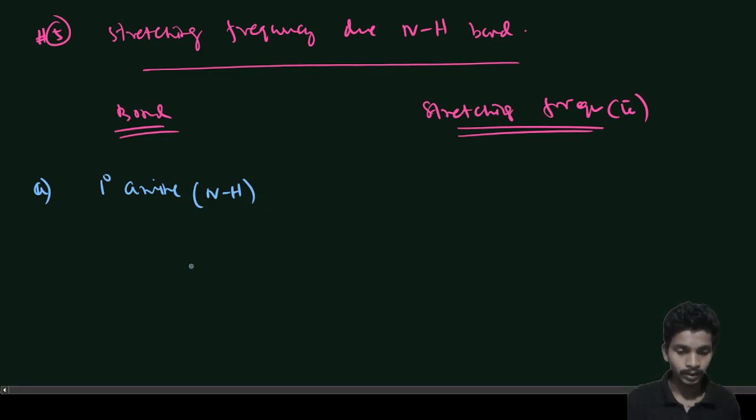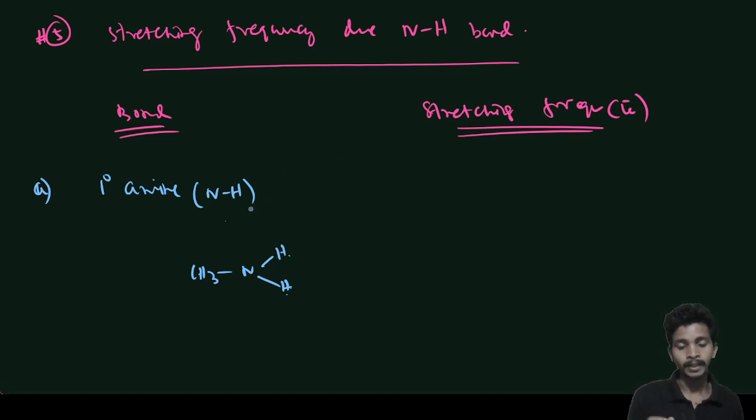Here the same atoms are there in NH2, so you get two different peaks. We have discussed that if a functional group has two identical atoms, we get two peaks.